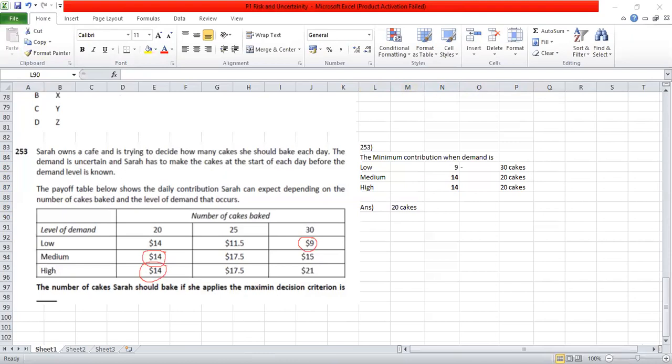254 is addressing the minimax regret rule. Let's do 254.